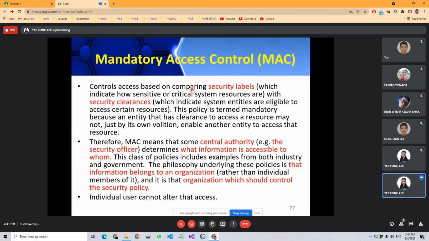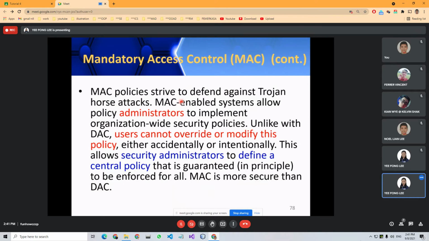Yeah, this is the main explanation here. So for the administrator, of course, they are assigned the access. Unlike DAC, users cannot override or modify these policies. So they are slightly different from the DAC just now.